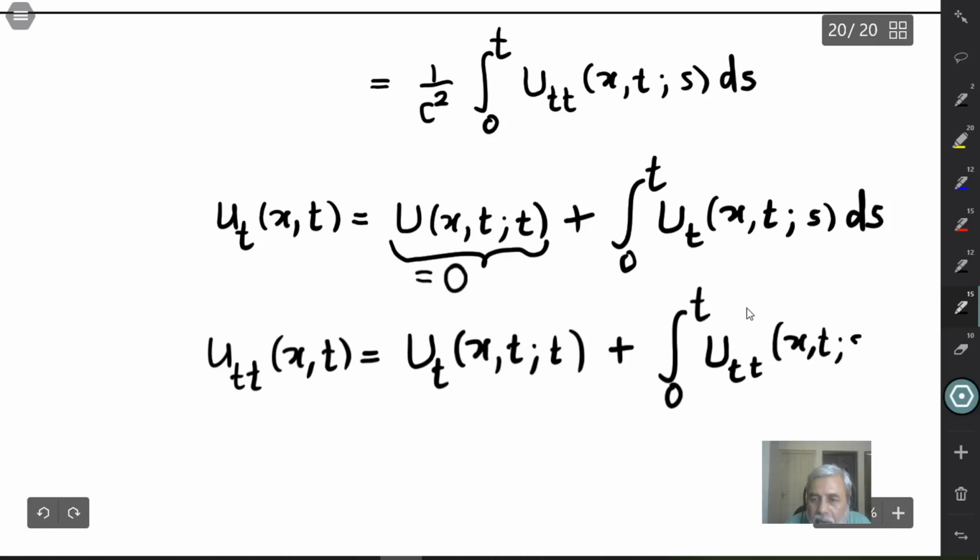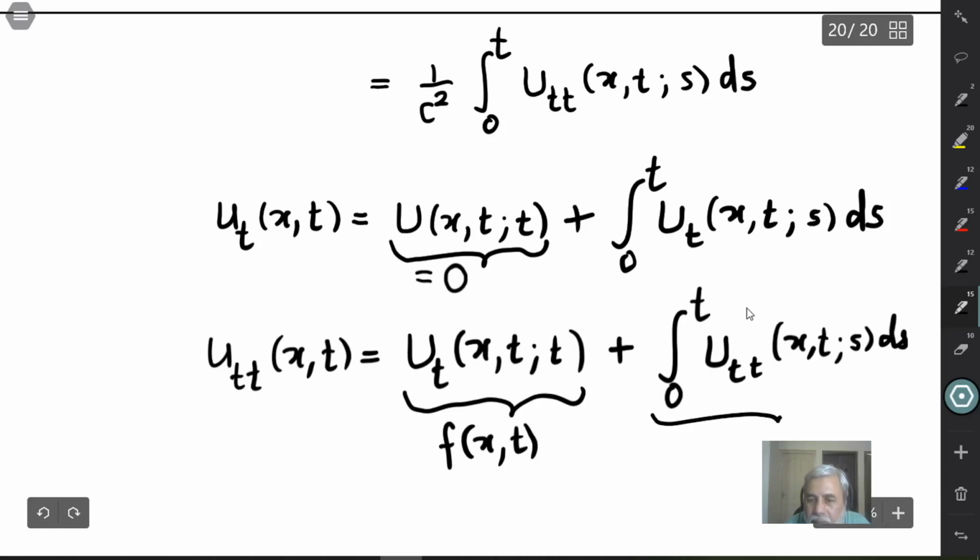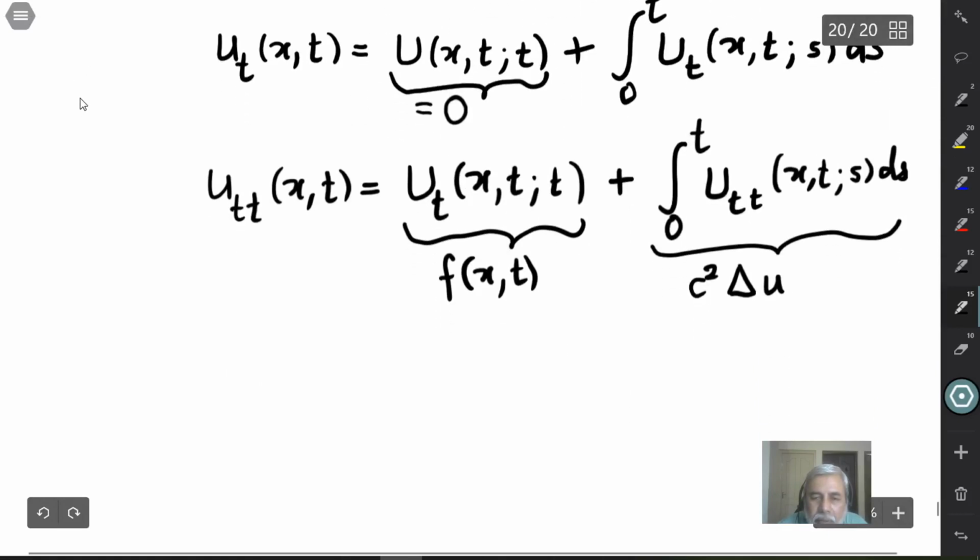And this is where you get this f of x, t. And this one, as we have seen already, is just c square times the Laplacian. And that completes the verification.